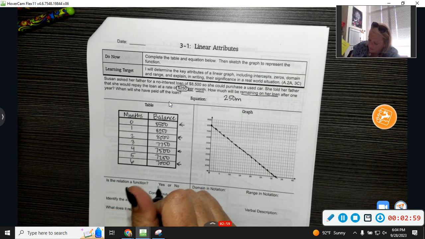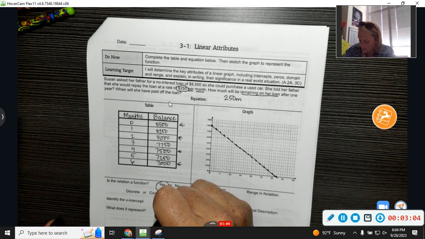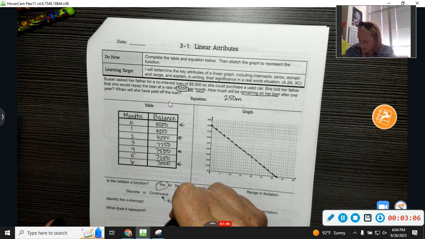So yes, it is a function, and this is continuous because time is continuous.